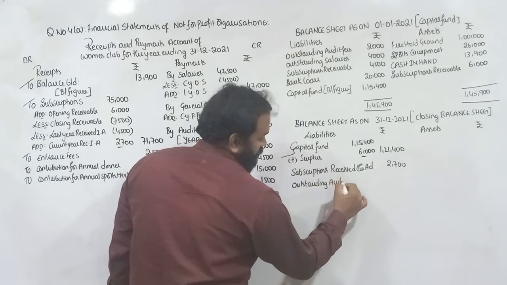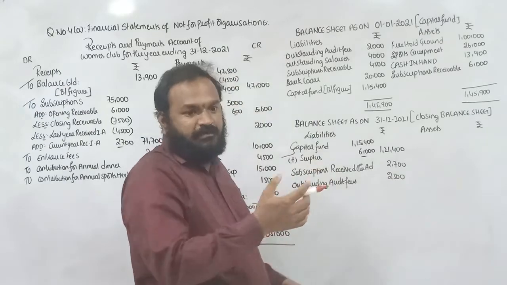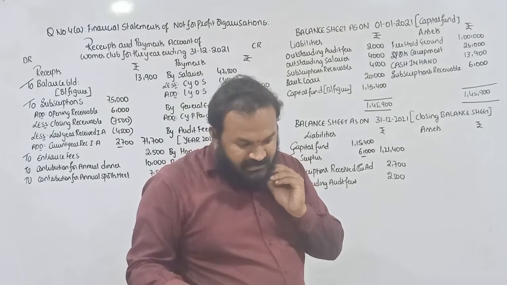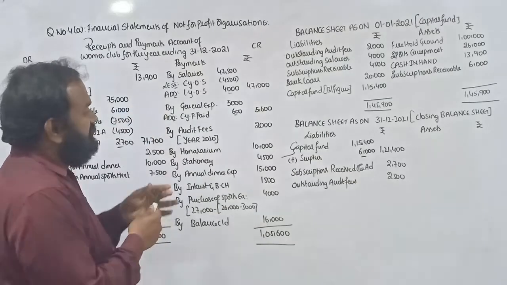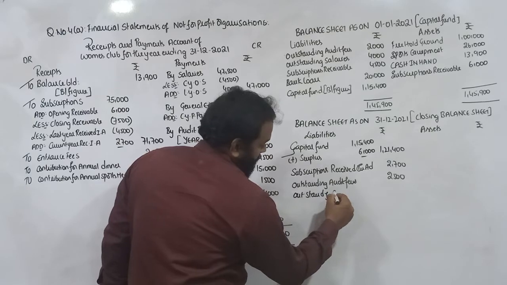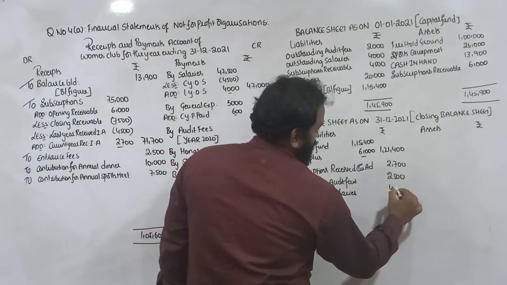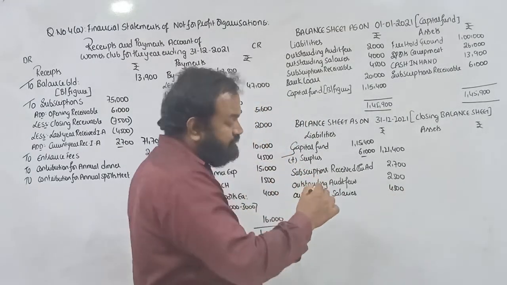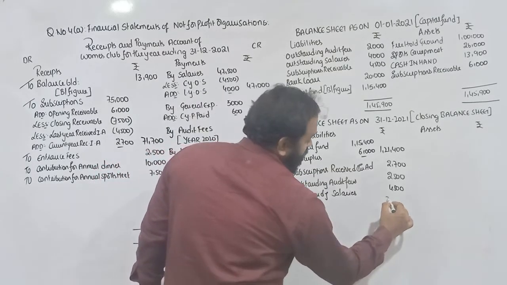Outstanding audit fees 2,500. Next year we will pay. Next, I think outstanding salaries is there. Outstanding salaries, yes. How much? 4,500. Next, boys and girls, bank loan is also there. Bank loan. It was not repaid during the year. Now, how much?